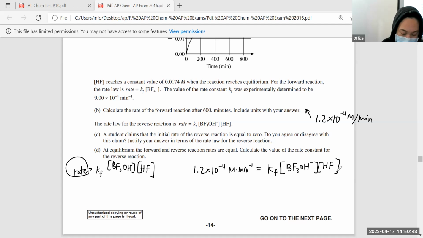You get that, right? And then what is this? This was, remember, X, right? So this is 0.0174.